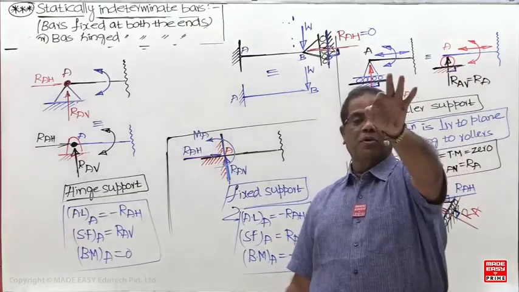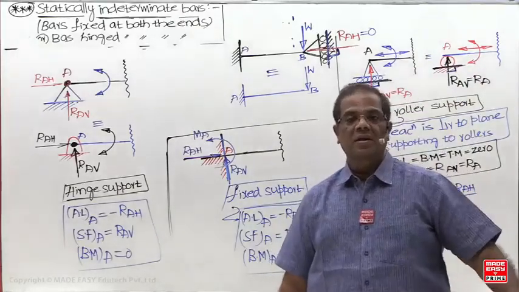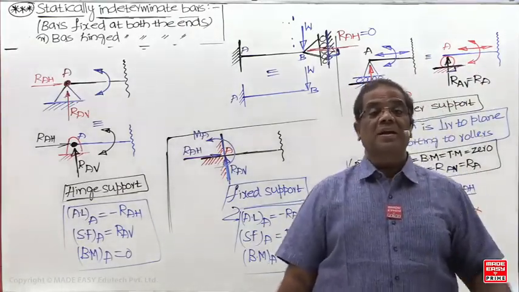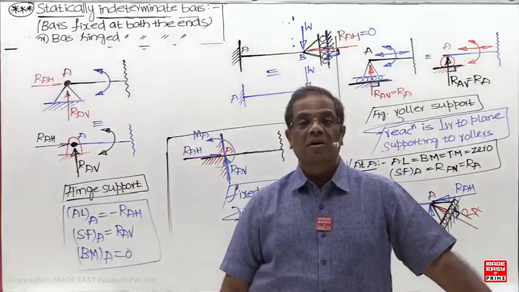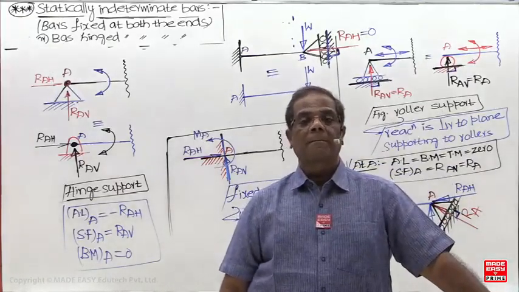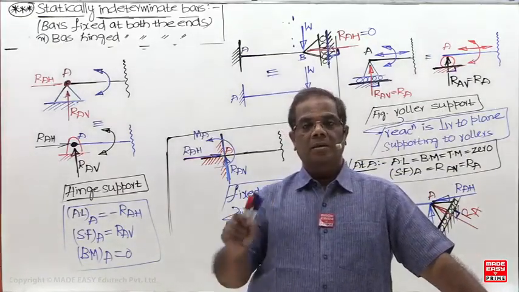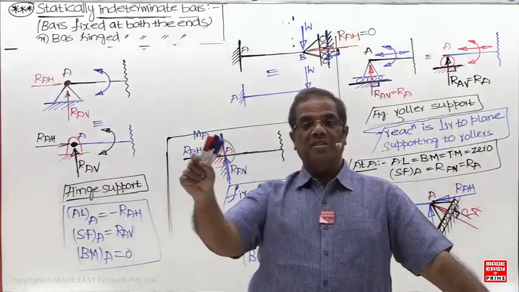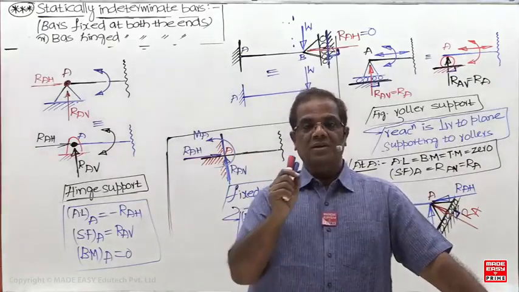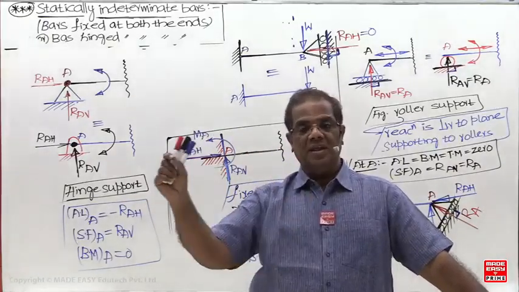At simple supports, that is the roller and hinge supports, which of the following statements are true? First statement: at simple supports, the moment reaction is 0. Second statement, the bending moment is 0.